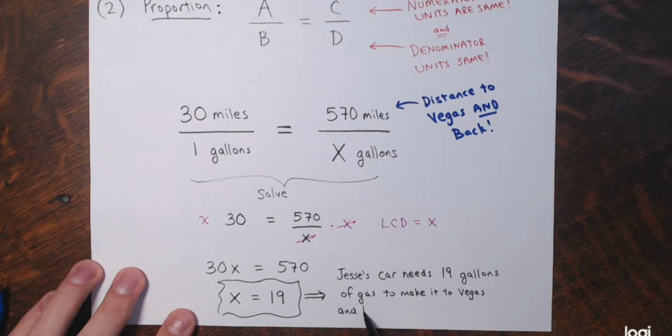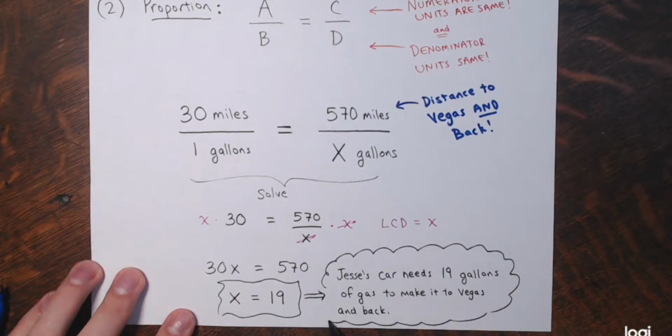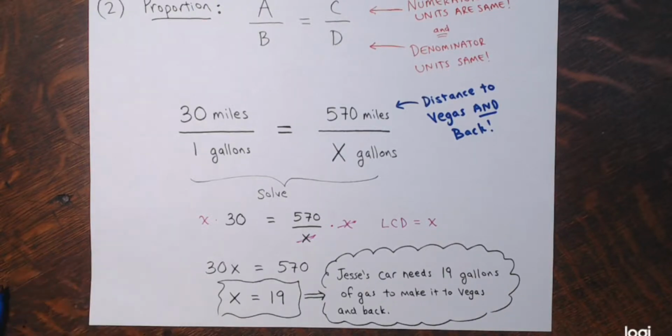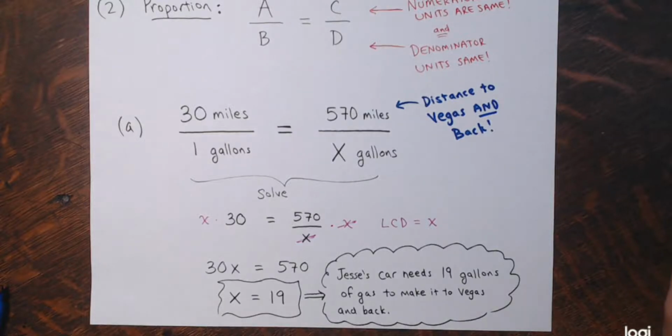And this is how I would answer this question, with a nice complete sentence that makes sense in the context of the problem. All right, now this was part A of the question. Need 19 gallons to make it there and back.